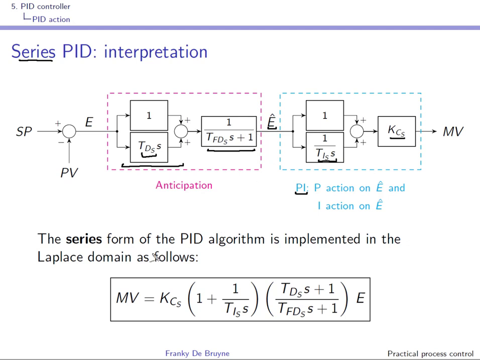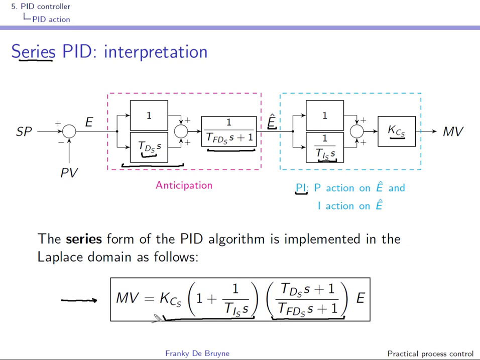So you can kind of see from what you see over here that the implementation of the series form of the PID controller is as follows. Okay, so you can see this as a PI controller, and this is a lead lag.